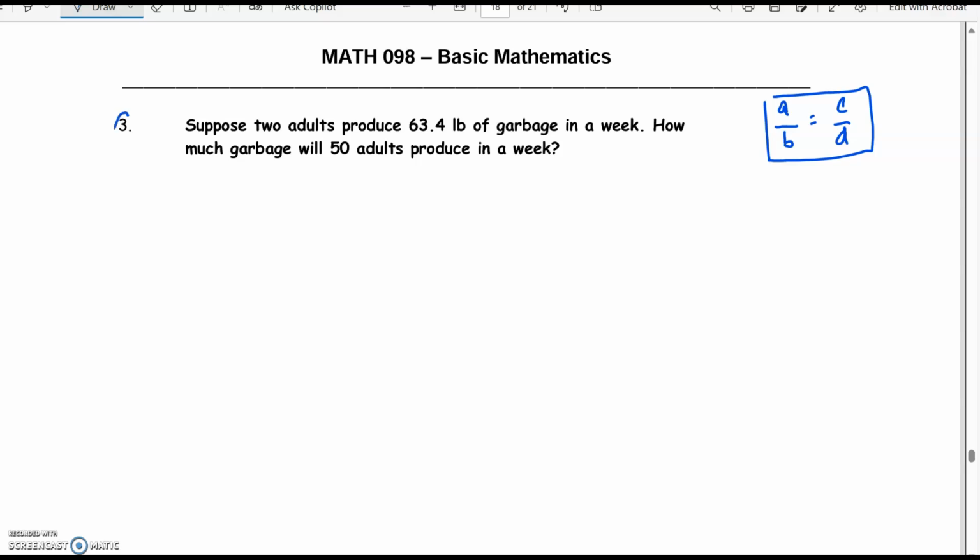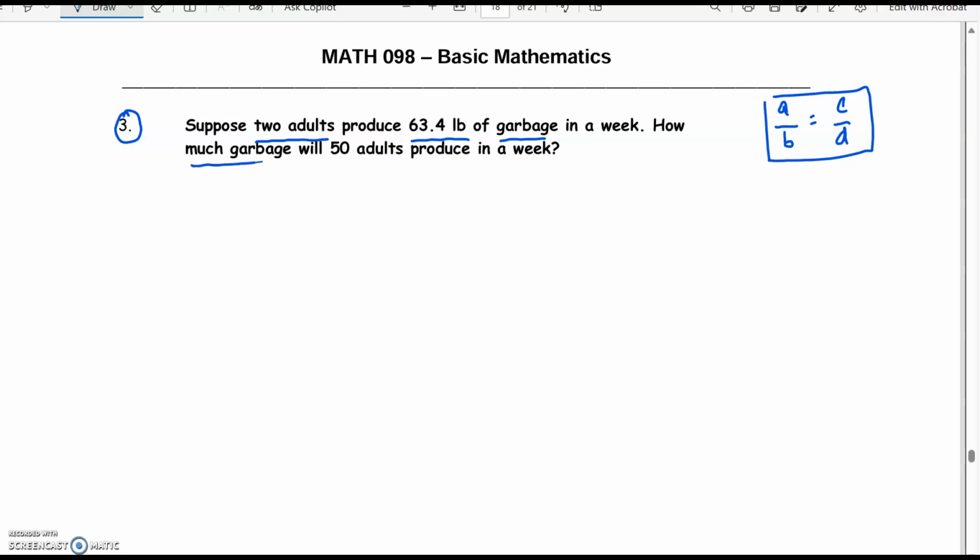So when we read a question, keep in mind that we have to think about two quantities that are being compared here. What are the two quantities that we're comparing here? Suppose two adults produce 63.4 pounds of garbage in a week.